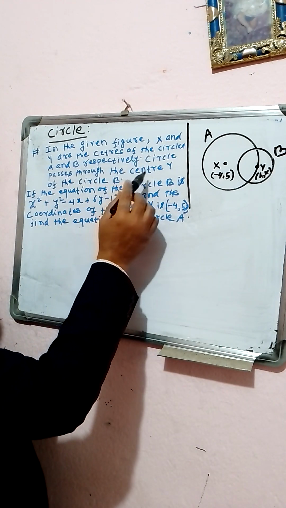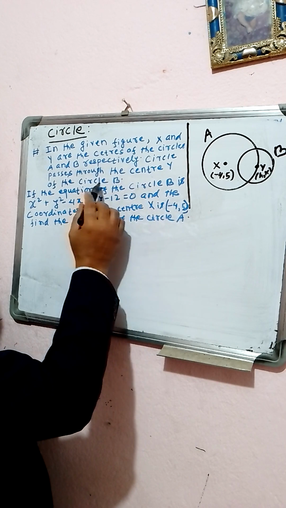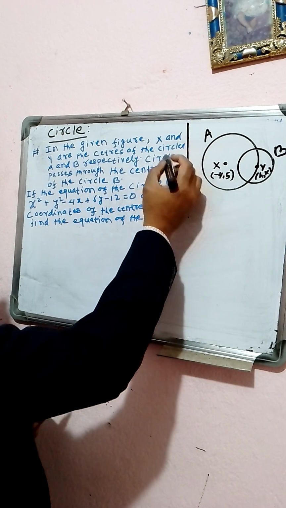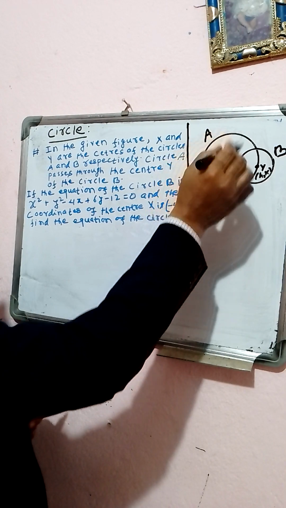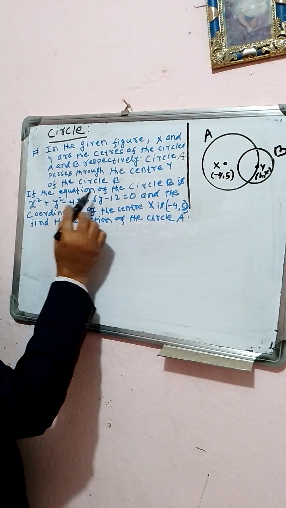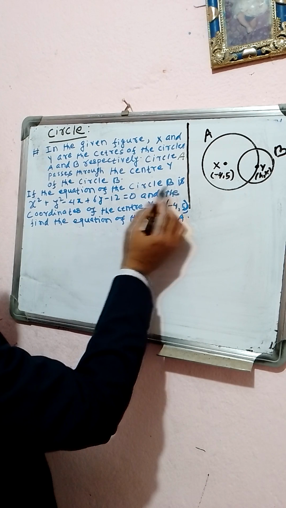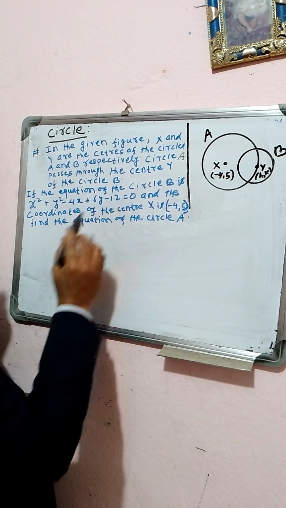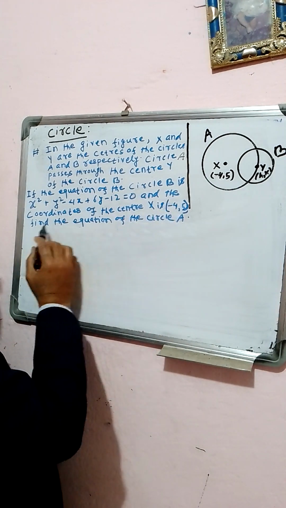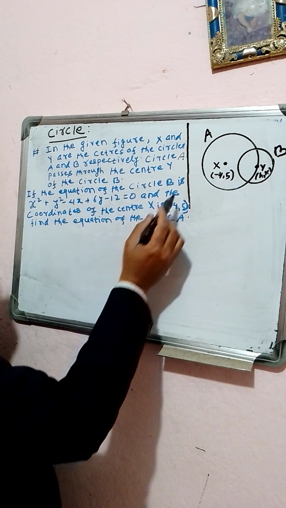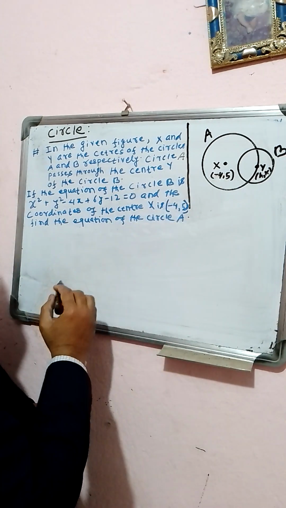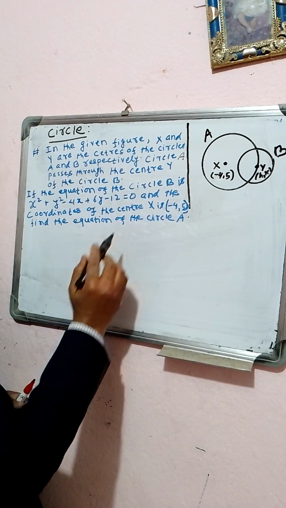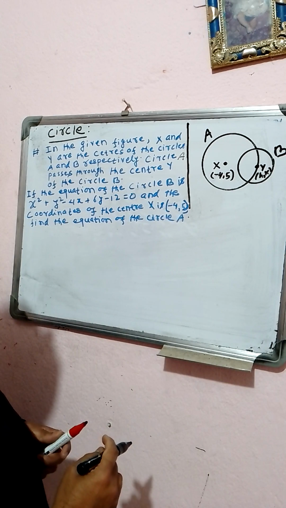Circle A passes through the center y of the circle B. If the equation of the circle B is x square plus y square minus 4x plus 6y minus 12 equals to 0, and the coordinates of the center x is negative 4, 5, in that situation, find the equation of the circle A.